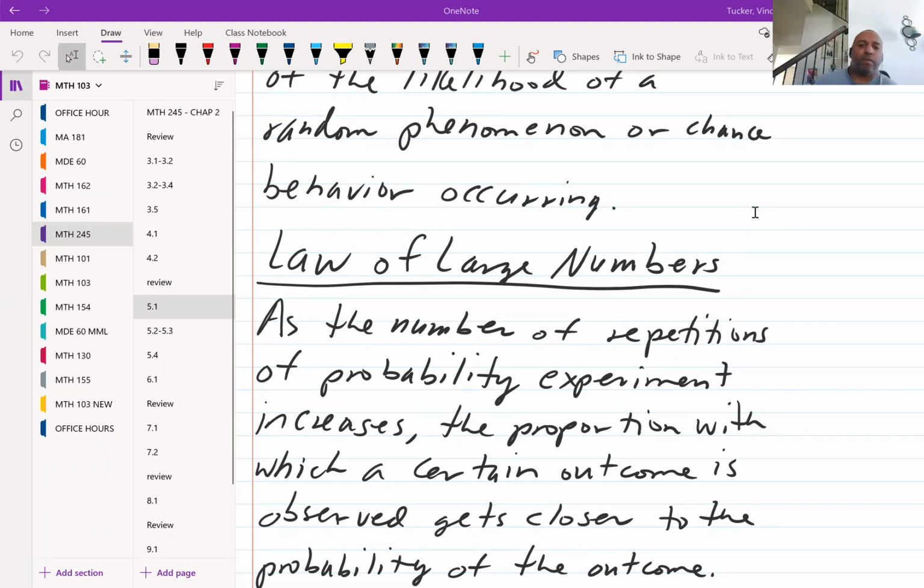It says as the number of repetitions of a probability experiment increases, the proportion with which a certain outcome is observed gets closer to the probability of the outcome. So the more times you perform an experiment, the closer you get to the actual probability.